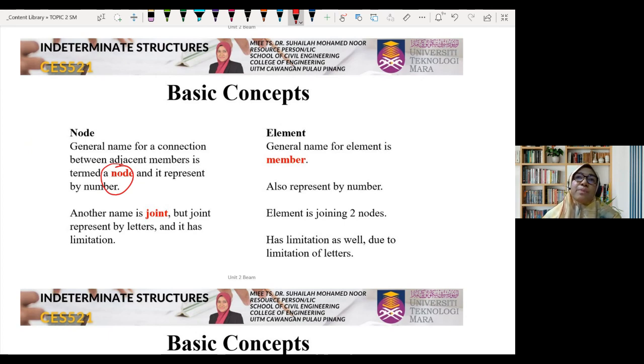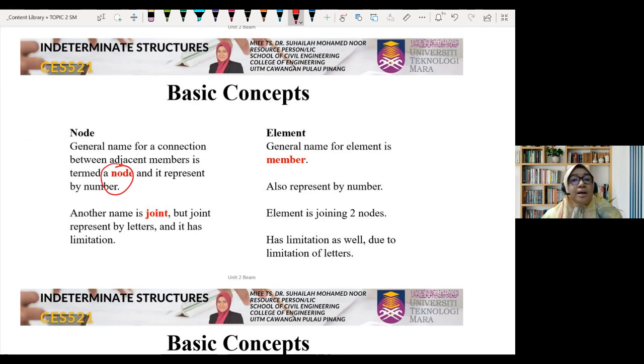For example, we may have so many nodes, maybe 1,000 nodes. So we cannot use letters like A, B, C in the software because it has limitation. Using numbering to represent nodes is better and suitable for the software to analyze or model the structure.